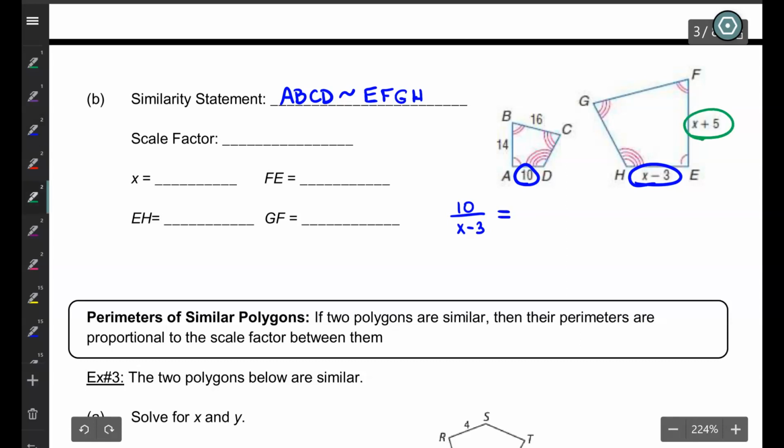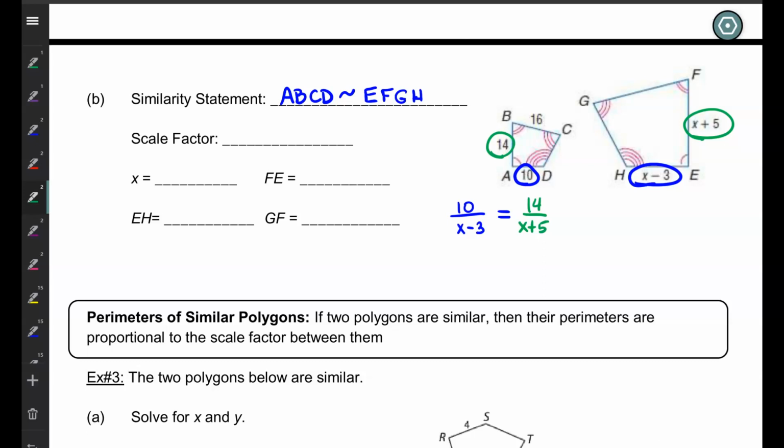Then the x plus 5, okay, so that's EF, that has to correspond to AB. Again, you can look at the angle markings that are between, or look at the order of the letters in the similarity statement. So I have 14 over x plus 5. Now, that's not the only way to set up the proportion, okay?